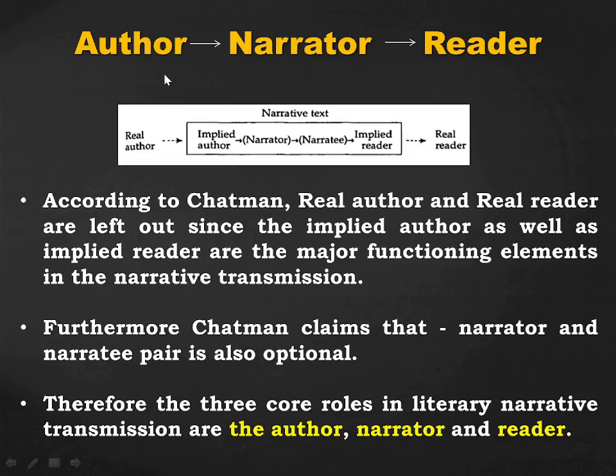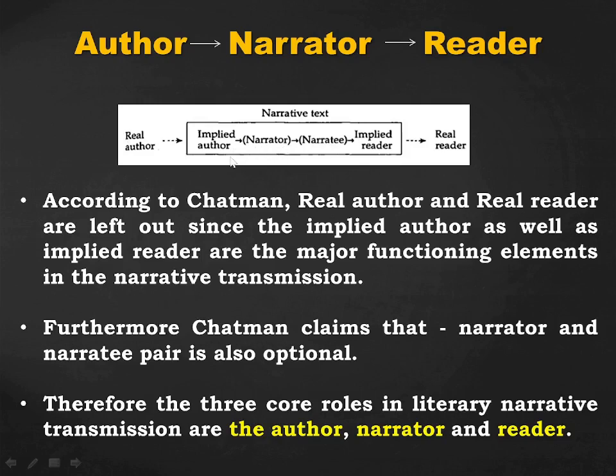In a narrative, there are three basic elements, and they are the author, narrator, and the reader. Now, as I said before, according to Chatman, real author and real reader are left out, since the implied author as well as the implied reader are the major functioning elements in the narrative transmission. Furthermore, Chatman claims that the narrator-narratee pair is also optional.